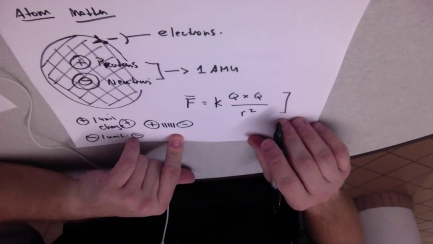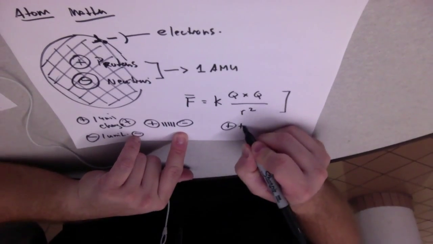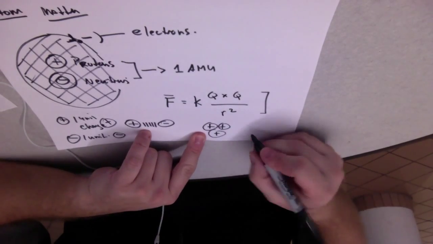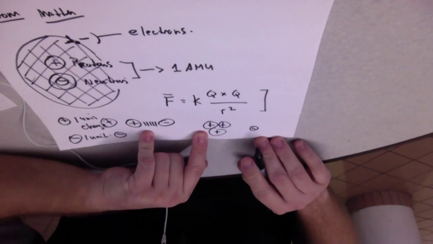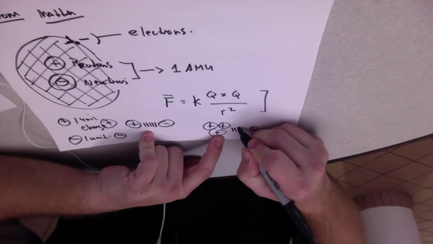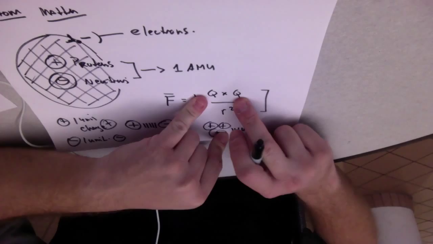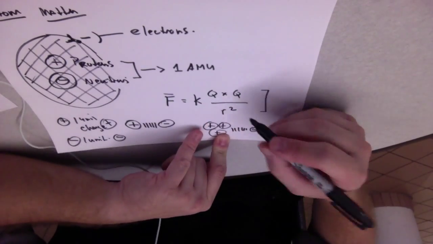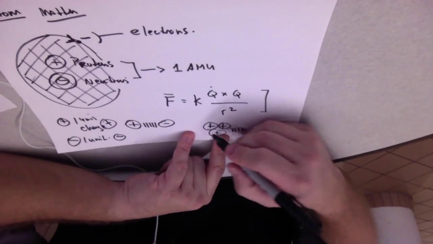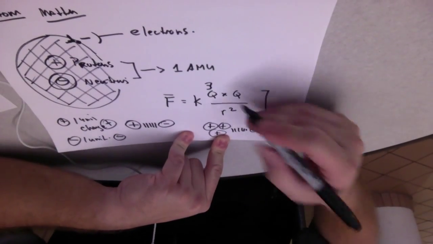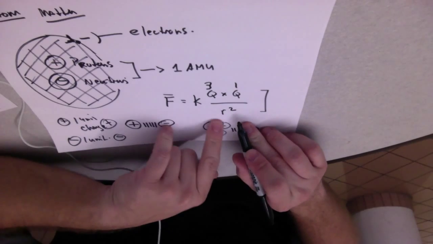So if I have a nucleus that has 3 charge, so 3 protons in it, and let's just say I have 1 electron here, then the force this electron feels, plugging that into Coulomb's law, is going to have more positives. So I'm just going to put 3 fundamental units and 1, and then r squared.